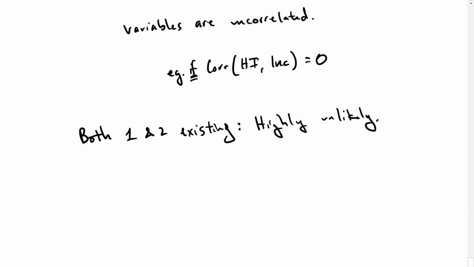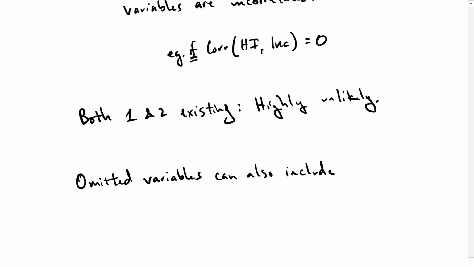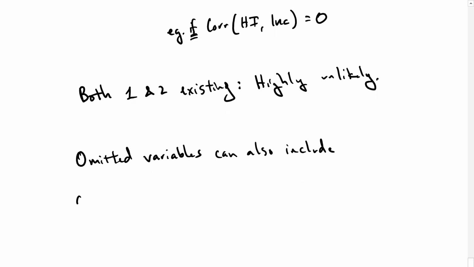And this is particularly a problem because omitted variables can also include characteristics or traits that are unobservable or hard to measure.